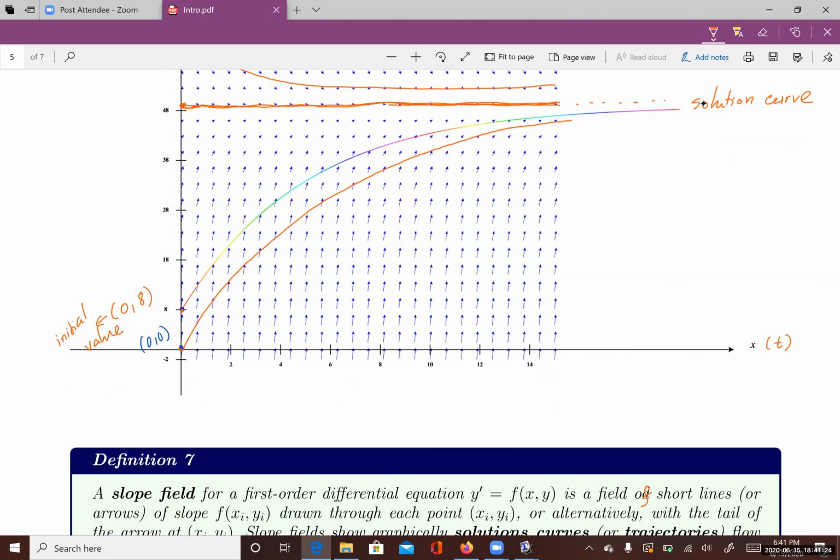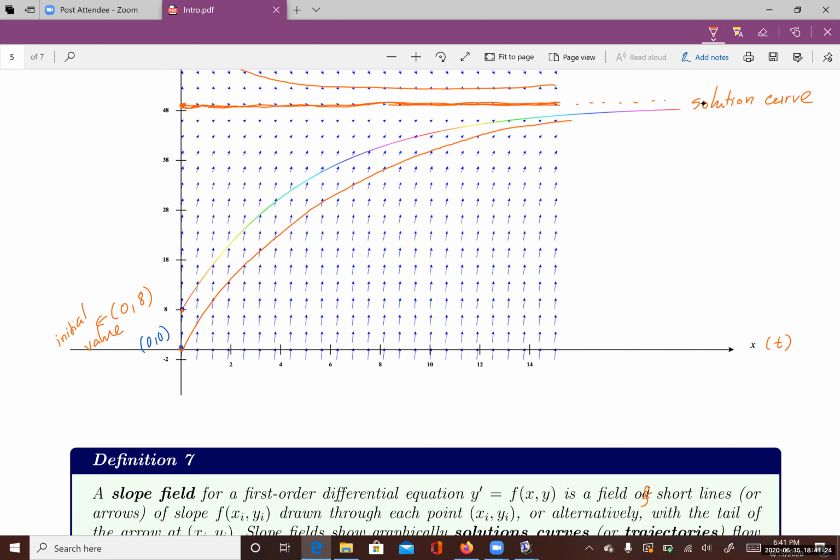If you want to solve this equation analytically, in section 2.2, you can solve it, and the solution for the equation is v(t) equals 49 plus C times e to the negative t over 5.